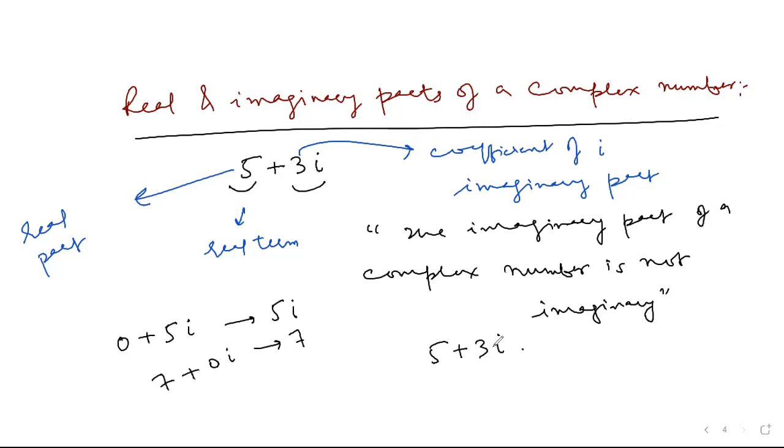These are two real numbers, and we could, if we like, agree to write 5 plus 3 iota as 5 comma 3, right?